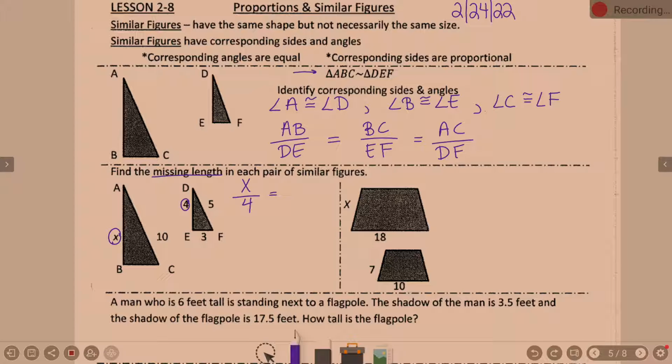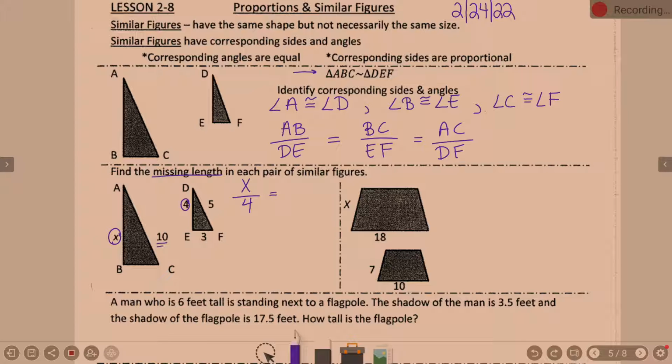Now, in order to finish this, we need to have another set of sides that pair up. So B and 10. Give me a number. 10. What does 10 go with? 5.